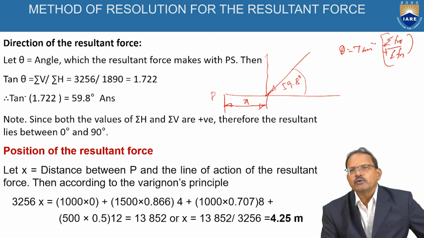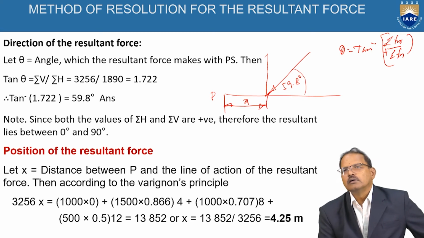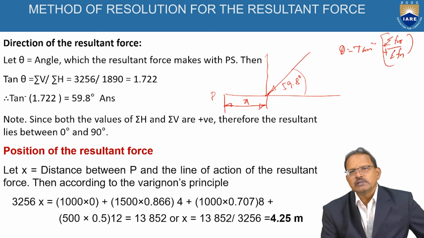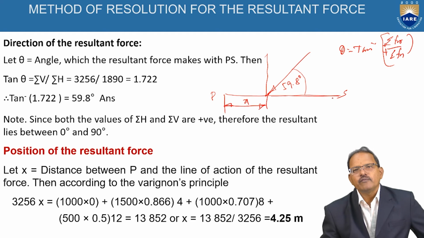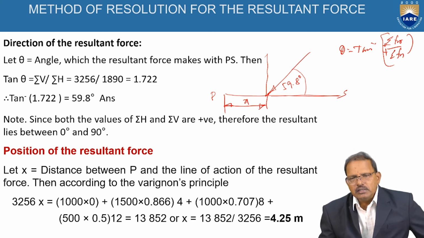This vertical component only tends to rotate the body in clockwise direction. The x component will always pass along the line PS as shown in the figure. That is, it is separated by 0 distance.